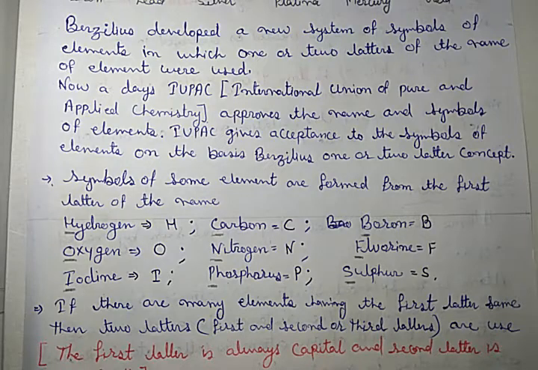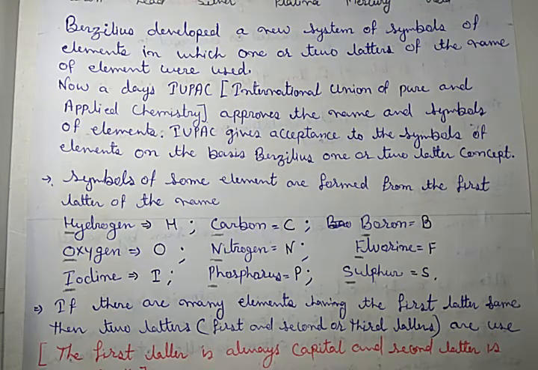But as you know, there are 118 elements, and in English there are only 26 alphabets. So definitely two or more, sometimes 5 or 6, elements have similar initial letters.